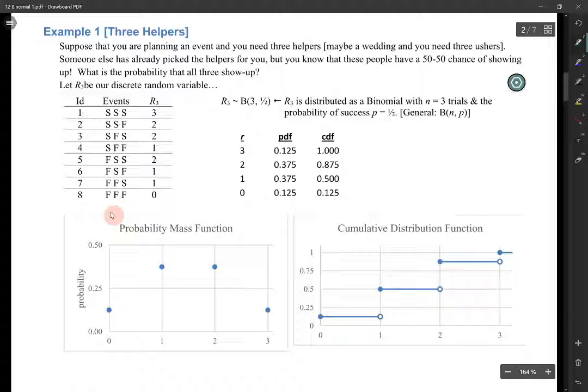And then to be a little bit more sophisticated, you have a random variable. And so the random variable would be the number of them that show up, which gives you a way to assign a number to each of the events. Okay, and so S, I guess, would be success, and failure would be that they did not show up on time.